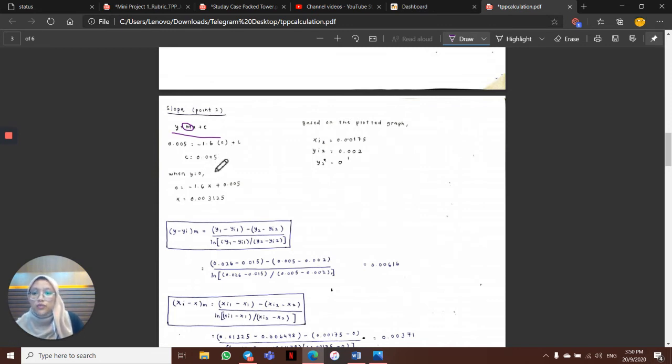To draw the line we need 2 points, so to find another point we substitute y equals 0 to get the x value, which is 0.003125.